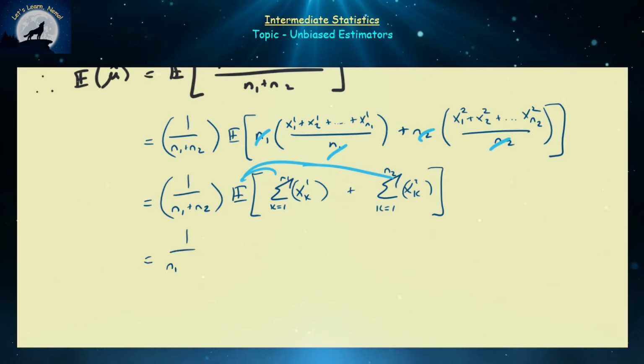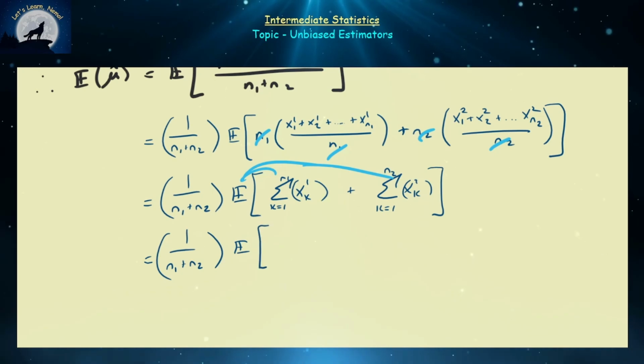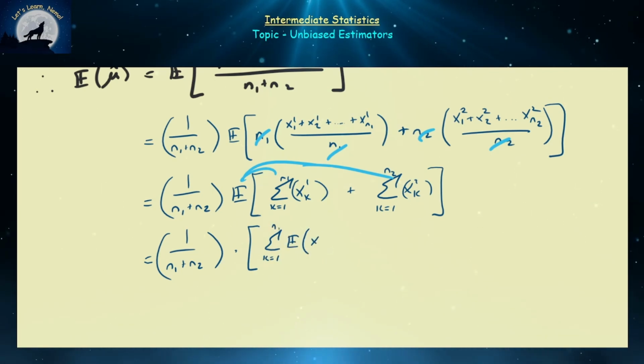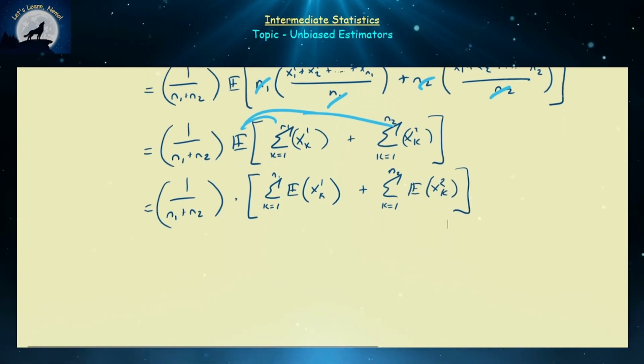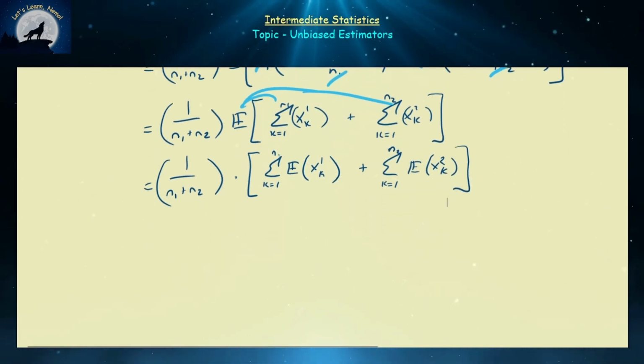So we're going to have 1 over n1 plus n2, and then, well, no expectation, let's look at the value. We're going to have the sum from k equals 1 to n1 of the expectation of x1k, and then plus the sum from k equals 1 to n2 of the expectation of x2k. Keep in mind, even though x1 and x2 come from different samples, both samples come from the same population.